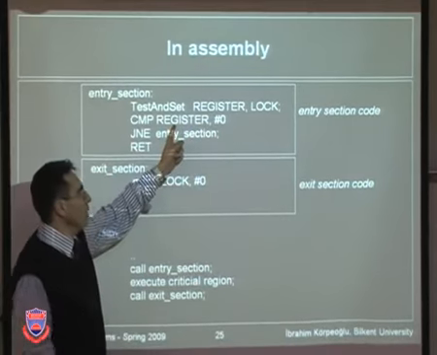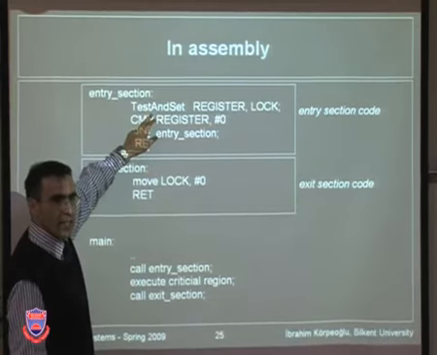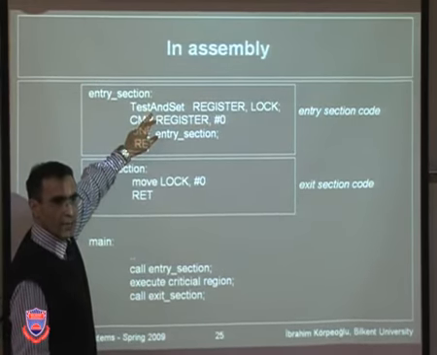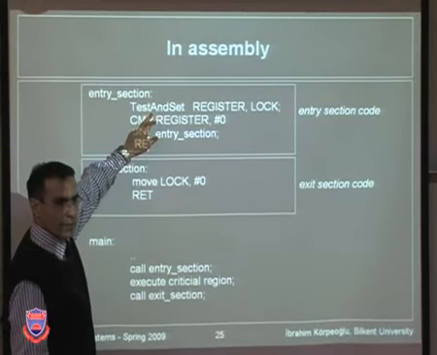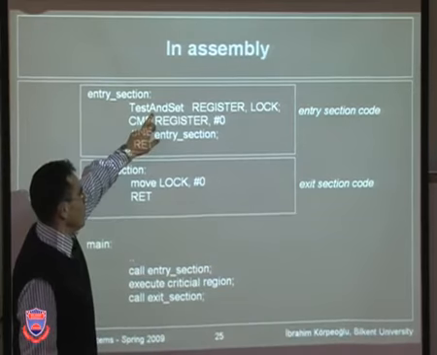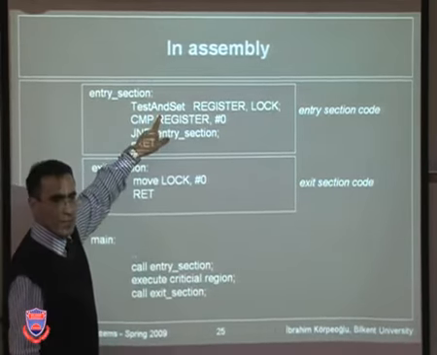Now I compare. However, after executing this machine instruction, I can get an interrupt. I can be suspended. The system can suspend me, right? At that point, the other process can run, and it will run this machine instruction.